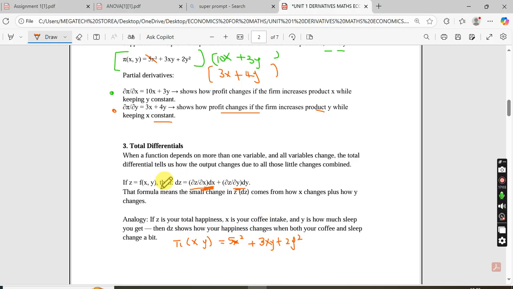As you can see, if we want to get the total differential, it means you're first going to partially derive x and you're also going to partially derive y.